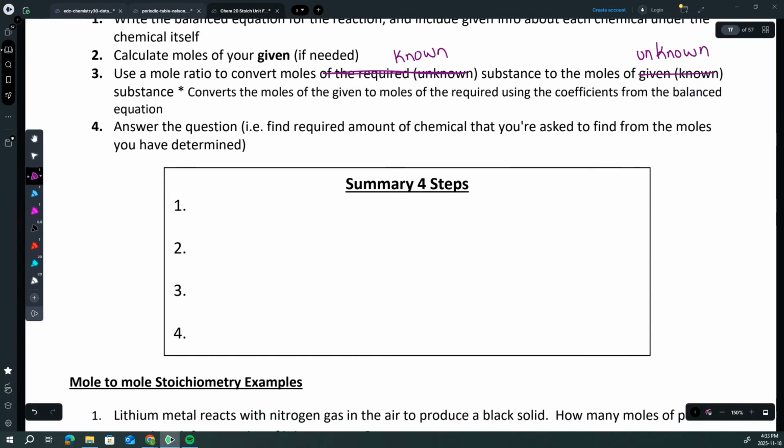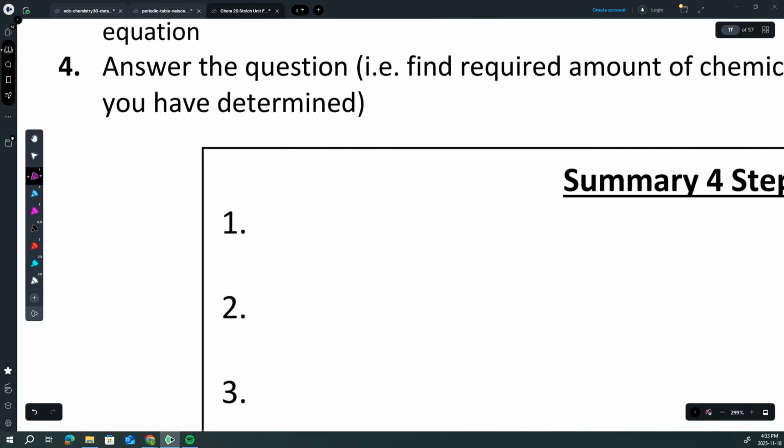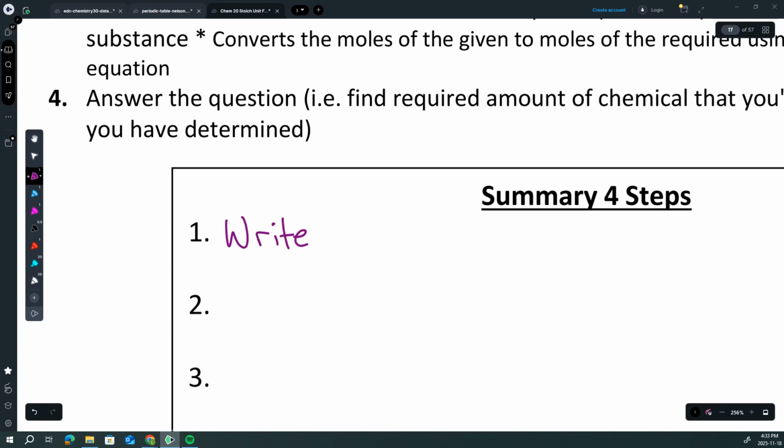Okay, so let's write a summary of those 4 steps, because those 4 steps are pretty important. Step 1, you absolutely need to write a balanced chemical equation.